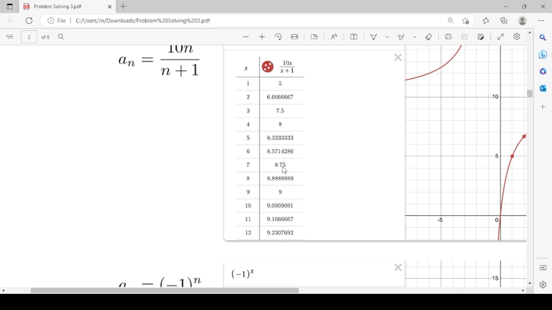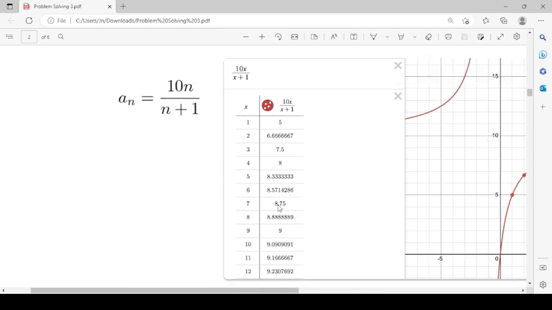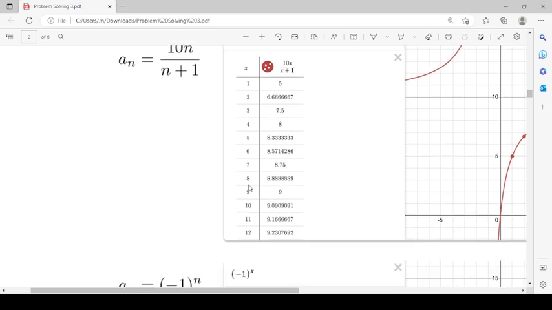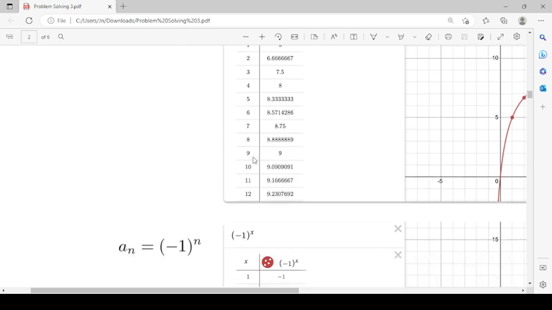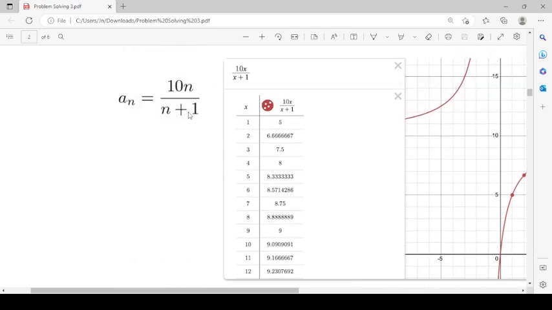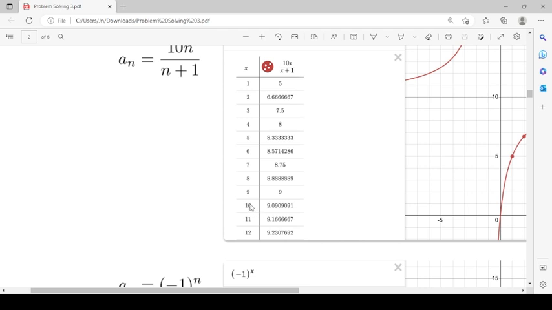If we add 7 we will get 8.75, and if we add 8 we will get 8.88888888, and so on. If we add 9 you will get 9, because that's quite easy, I guess. It's 90 over 10. And if we add 10 we will get 9.0909090 and so on.